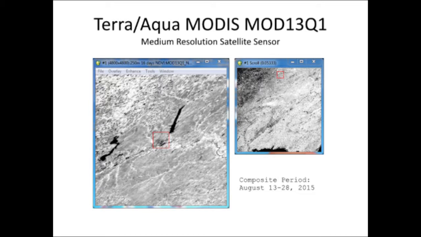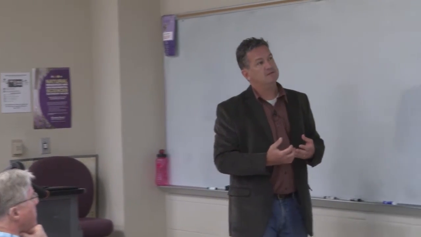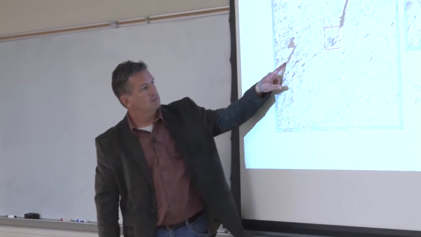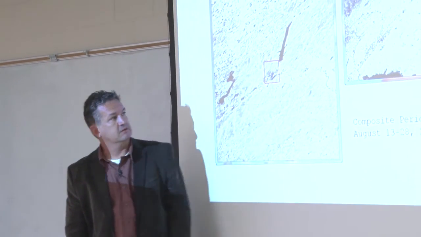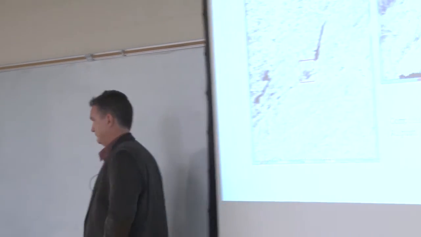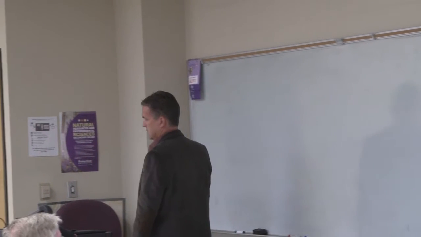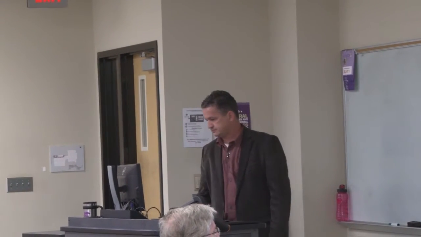Again, each pixel is about 6¼ hectares. And that little red box in the upper center is highlighting us right here in Manhattan. And on the left is an enlarged part of that. It's easy to pick out Milford Reservoir and Tuttle Creek Reservoir there. And there's good old Manhattan with Fort Riley in between the two reservoirs.